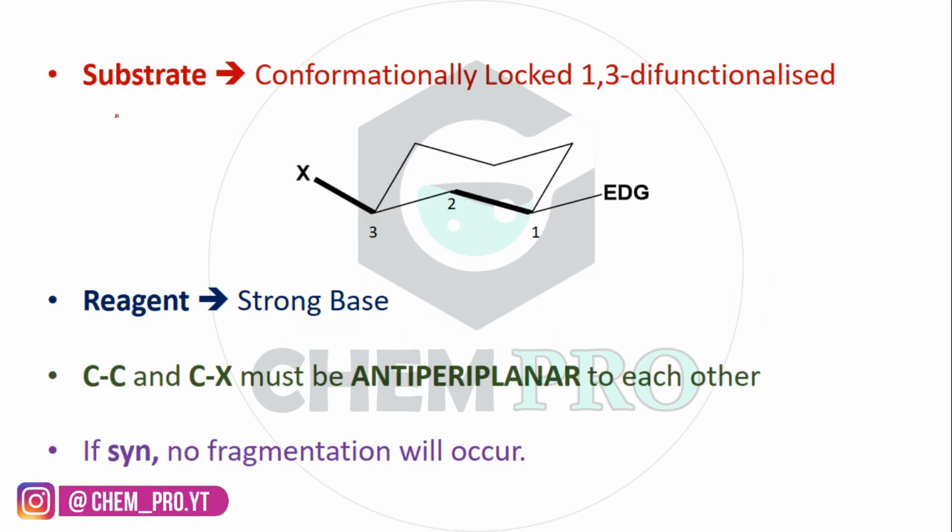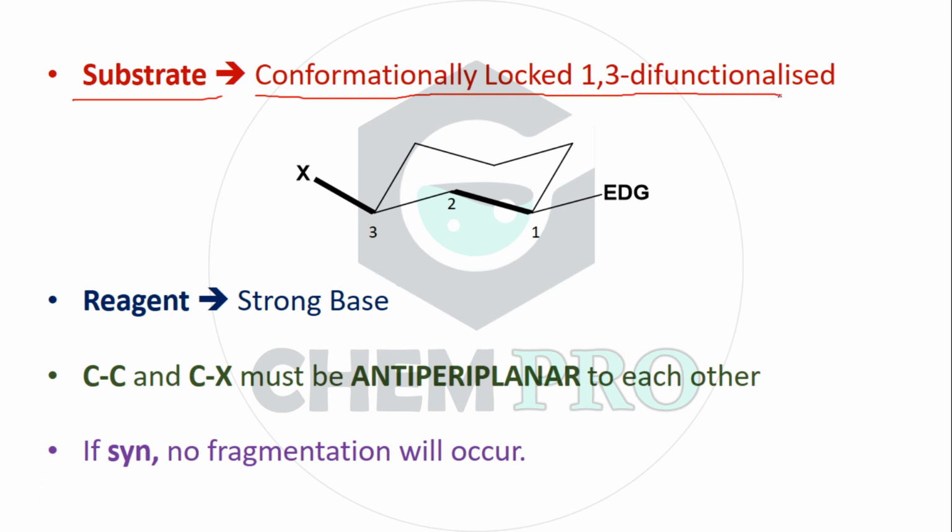For Grob fragmentation, the substrate should be a conformationally locked 1,3-difunctionalized system, where one substituent should be an electron donating group and the other a good leaving group.